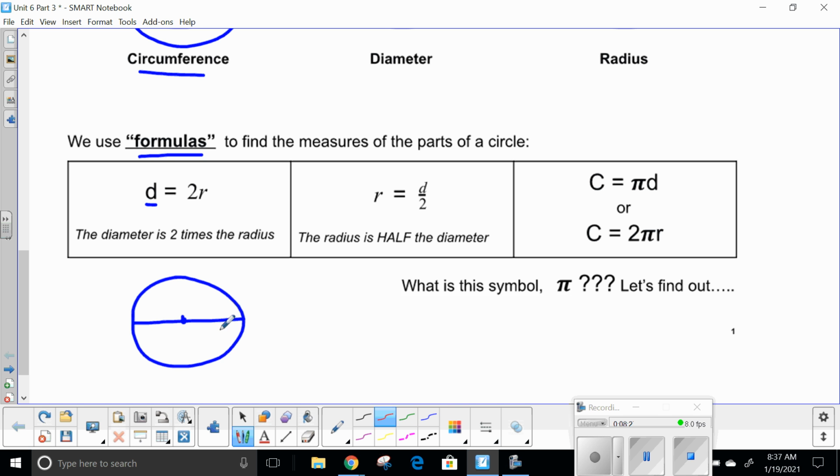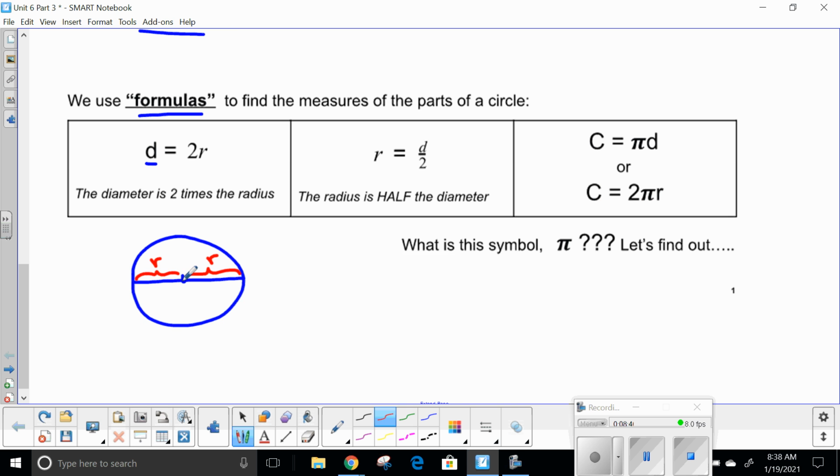Remember, half of this is called the radius. So how many radius are there in one diameter? The center point cuts everything in half, okay? So there's 2 radius, 2 times r in 1 diameter. Do you see that?